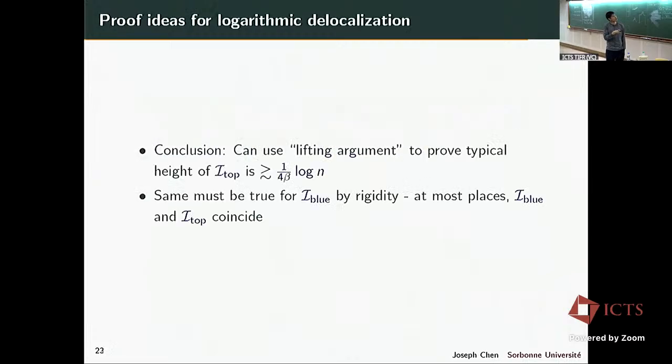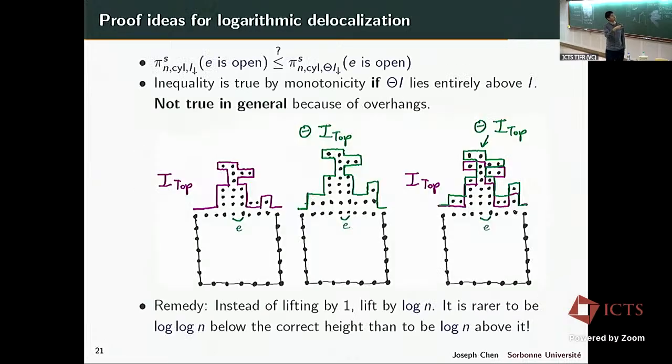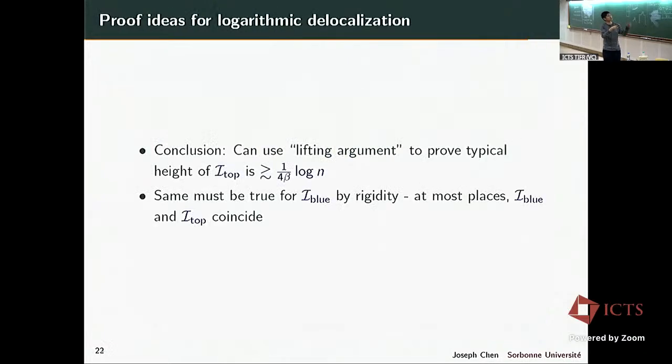If you want to realize the sharp constant before the log here, then this argument won't really be enough, because this argument works with sticking a straight spike down to 0, hence the 4 beta, because it costs you 4 beta h bonds to get down to height 0.